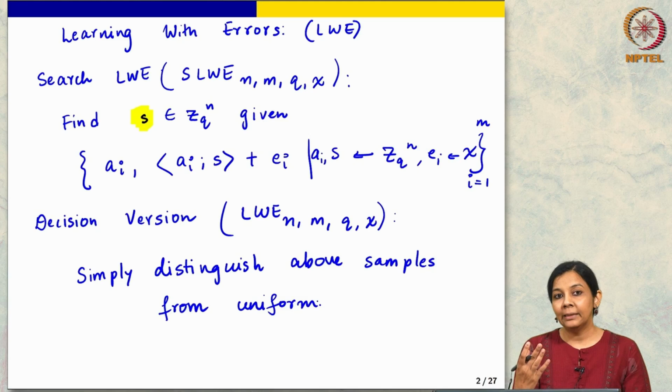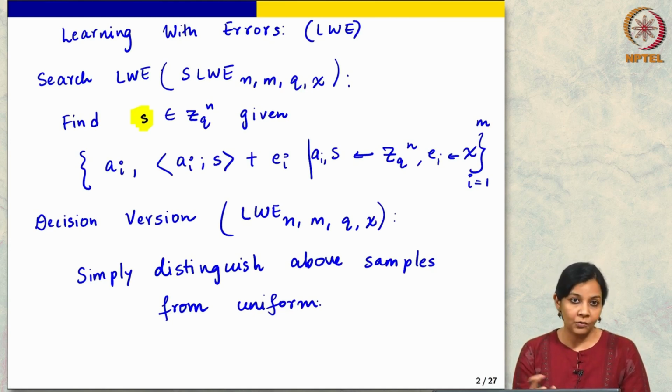But if I can solve the decision version, it is not immediately obvious how I can solve the search version. Nevertheless, the other direction also holds true. Okay, so given an efficient algorithm for solving the decision version, I can also use that to solve the search version, but we will not do this reduction in class.